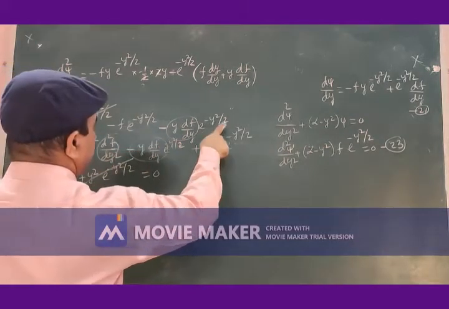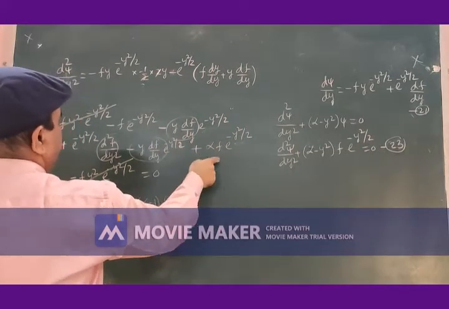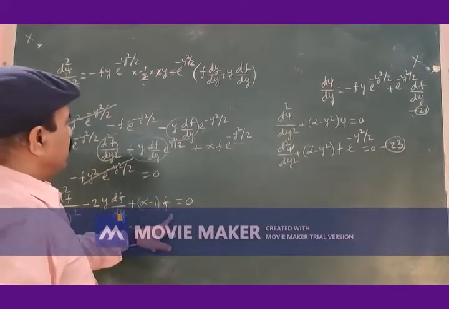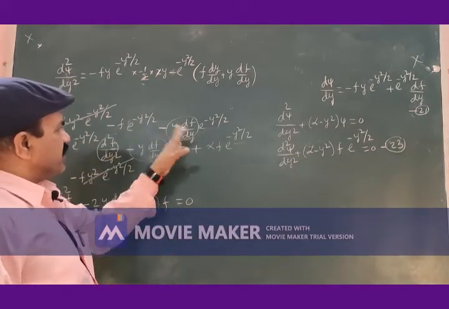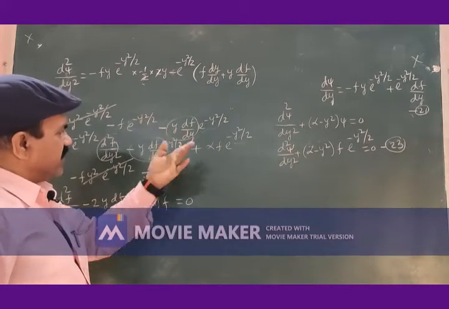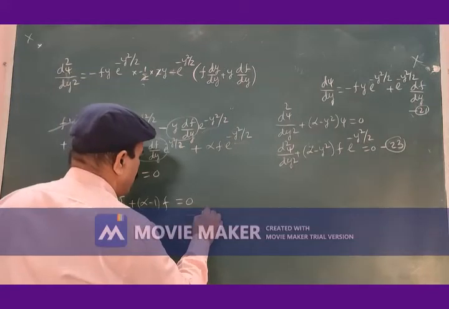All terms are taken into consideration. Only these two: f is here, take f common, what is left here is plus alpha minus 1, because all the exponential terms are sent to the other side, and this is equation number 24.